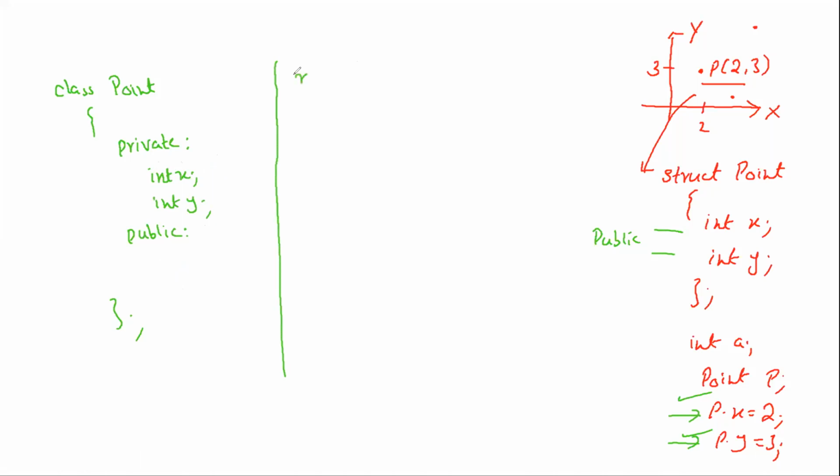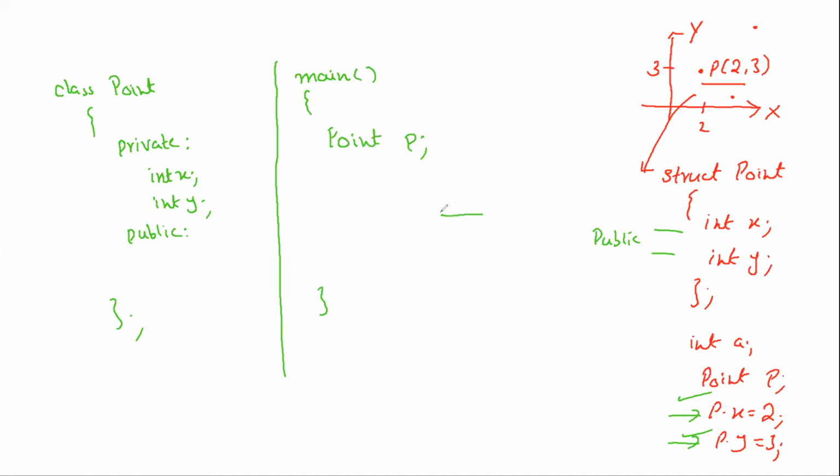Okay, and with that let's use this data type in the main, just like we did with the structure. So maybe this is our main. I told you that by writing this, now point is a data type, so you can write something like point p. Now we also have to discuss what will actually happen at the back end, right?